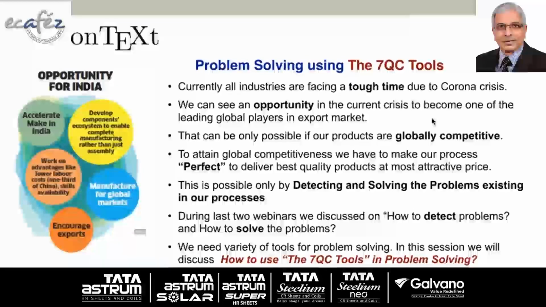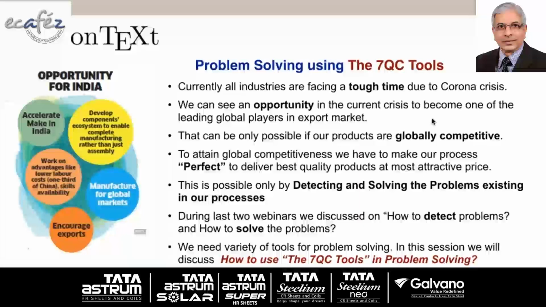So based on the experience of Benkei, he identified the 7 QC tools and promoted them among industry people to use to win the war against quality defects. And it was found to be very, very effective. Everybody was trained in Japan, and they could solve 90 to 95% of problems using these tools.